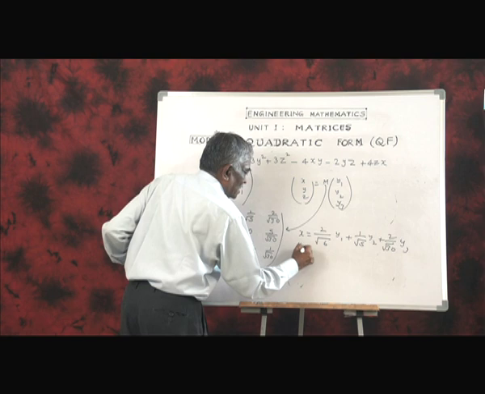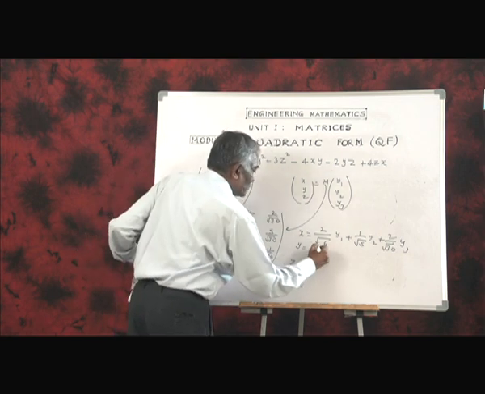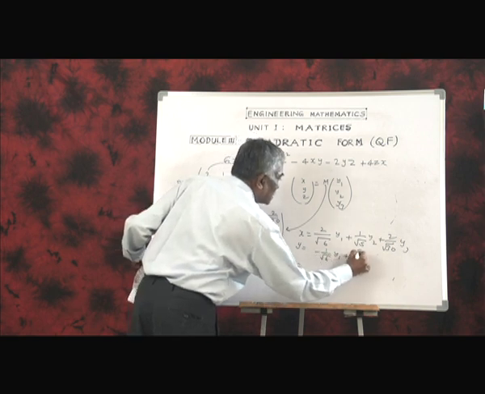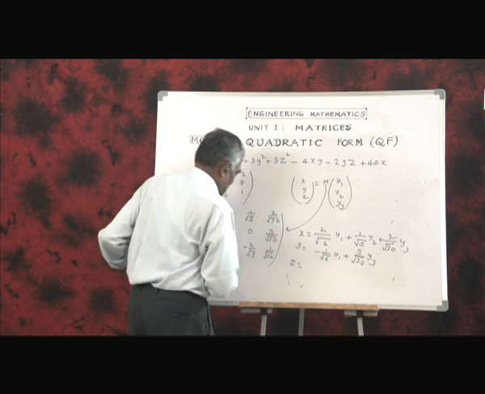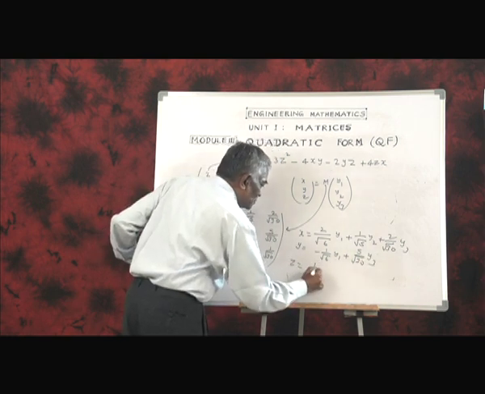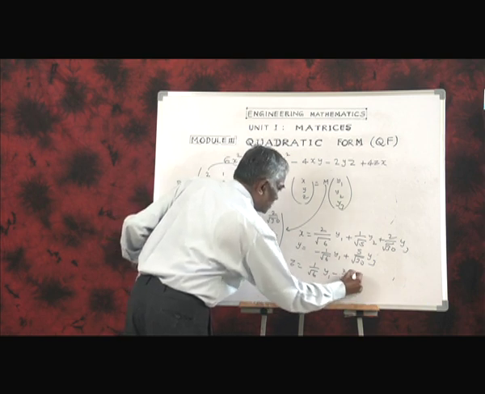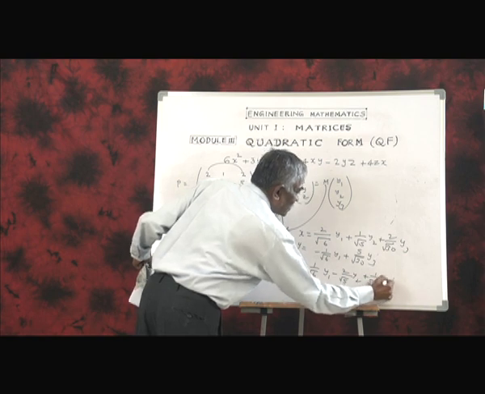Similarly, for completeness, I will write that Y is equal to minus 1 by root 6 Y1 plus 5 by root 30 Y3, and X is equal to 1 by root 6 Y1 minus 2 by root 5 Y2 then plus 1 by root 3 Y3.